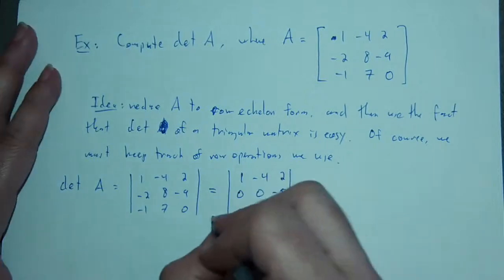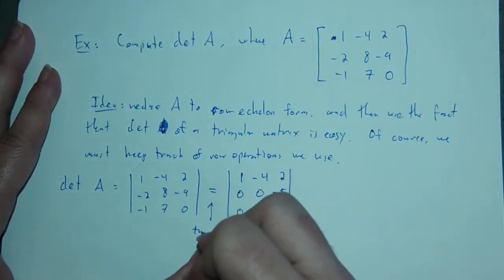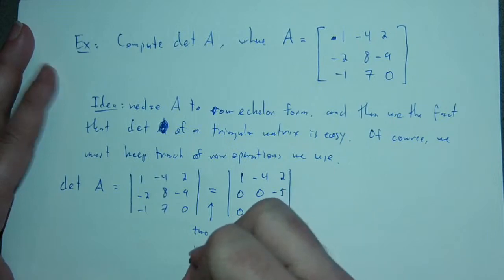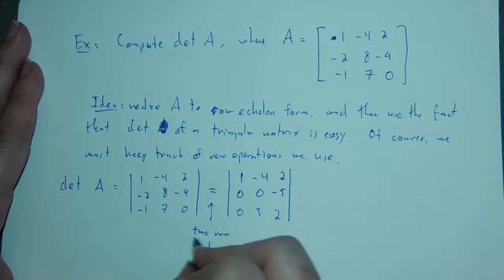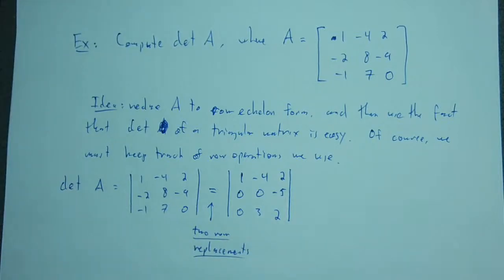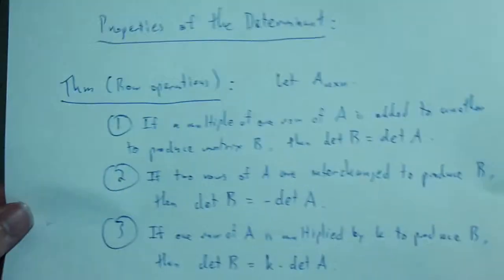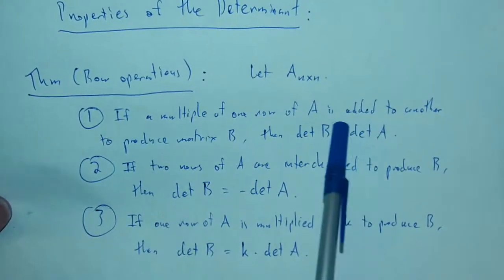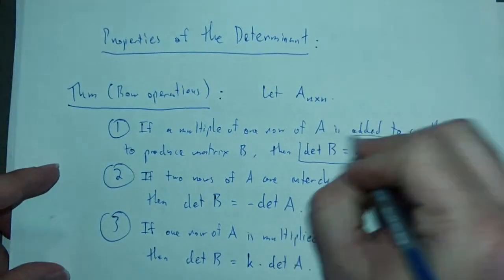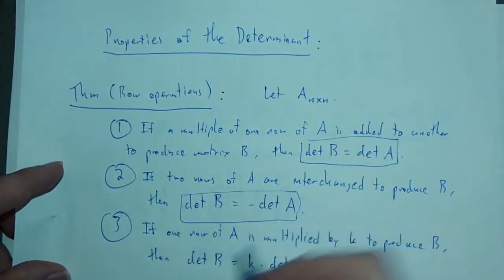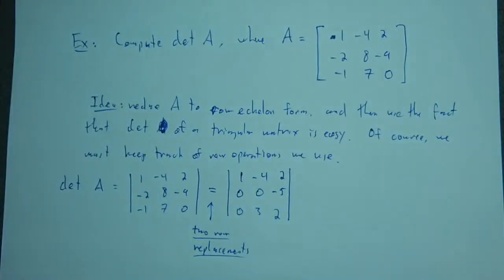So this is 2 row swaps, or sorry, 2 row replacements. So that's why that equals this determinant. Just reminding ourselves, this previous theorem says row replacements don't affect the determinant. So I'm free to do row replacement, and these 2 determinants are equal.